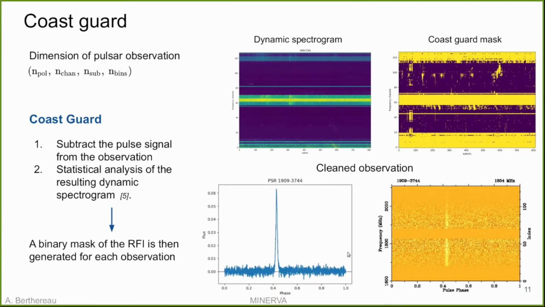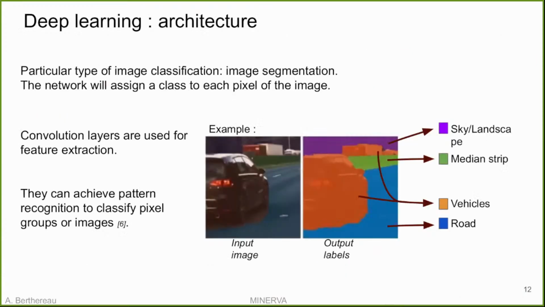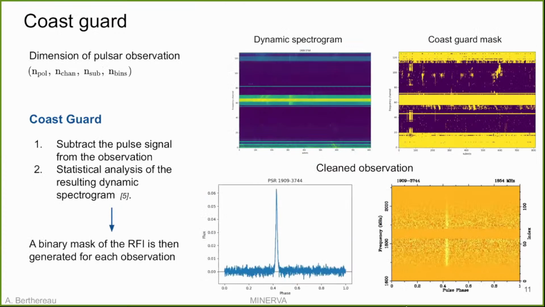So now you can see the pulsar, and you can do the TOA and the studies that we made. For our methods that we are developing, because one point that I did not talk about is that Coast Guard is great.